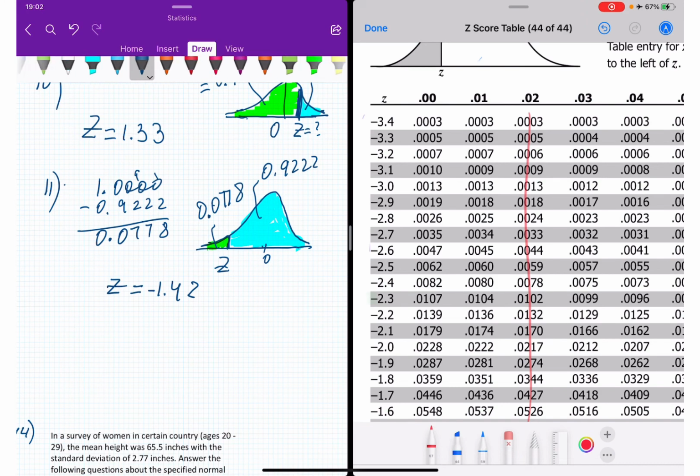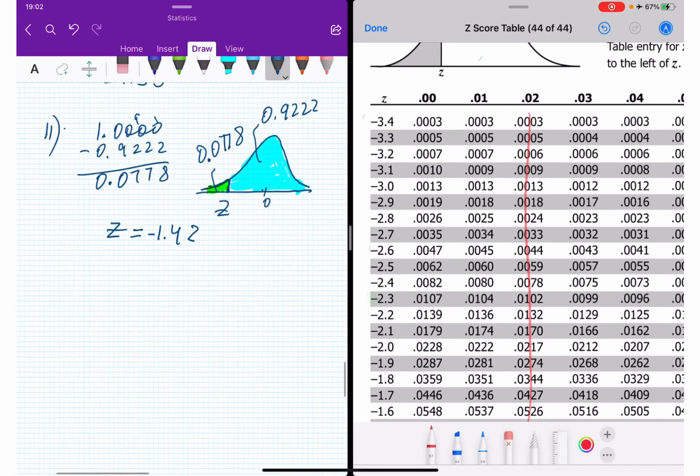Number 12, we have: find the z-score that has 6.3% of the distribution area to the right. This is what I would do.